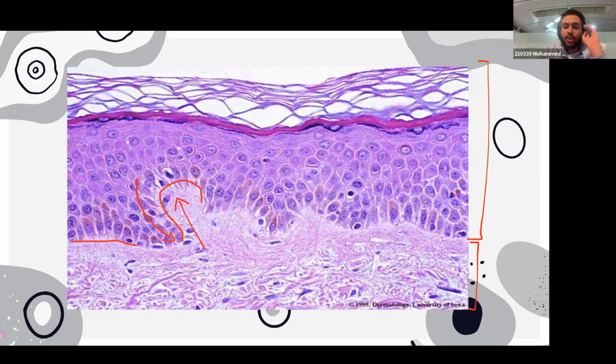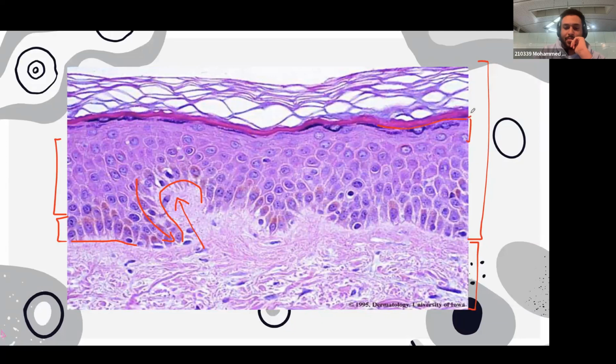Moving on. Now I need you guys to identify the layers of the epidermis. The first layer, the very first one, is what? Stratum basale. Then spinosum. These darker cells, granulosum.